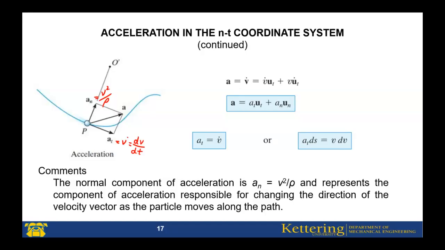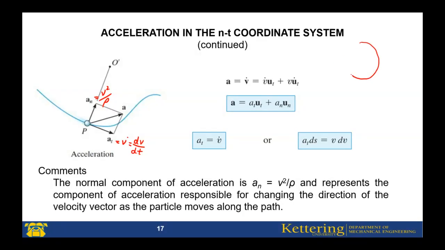This acceleration is because of the change in the direction of the velocity, and this acceleration is because of the change in the magnitude of velocity. Or exactly where these are coming from.